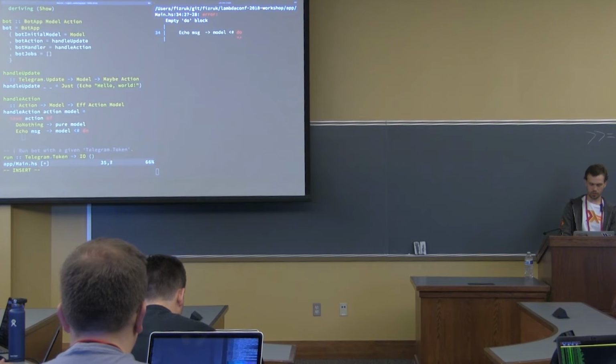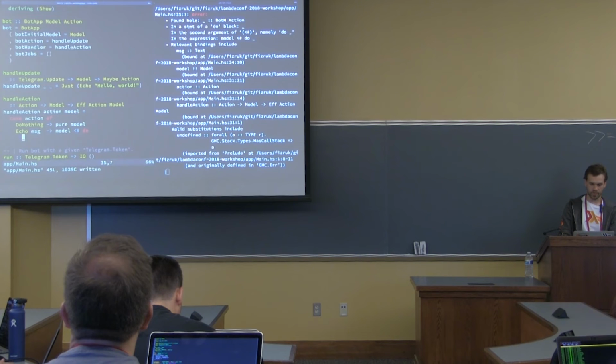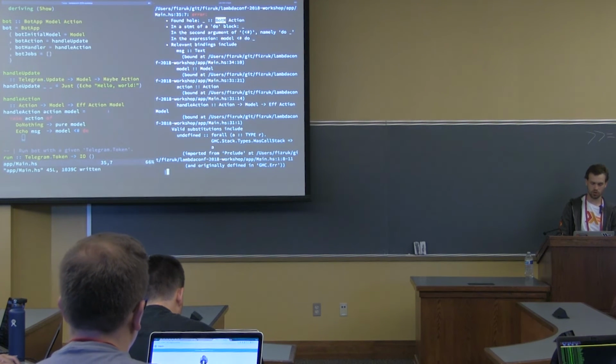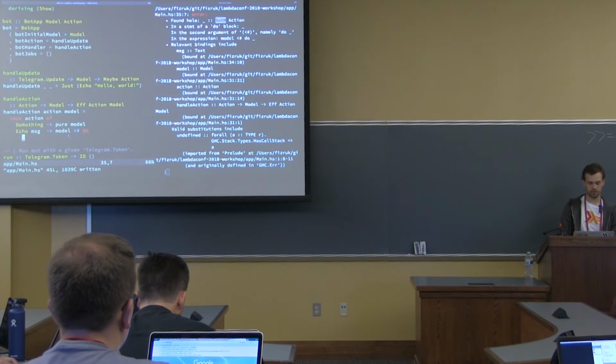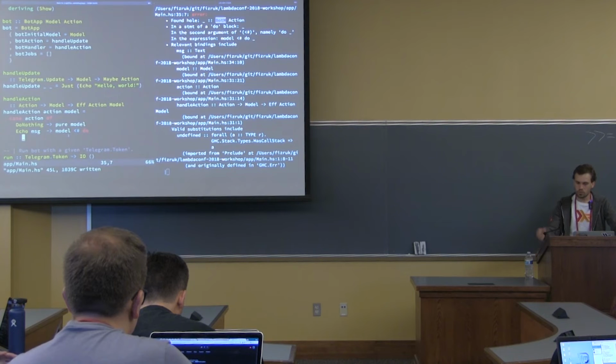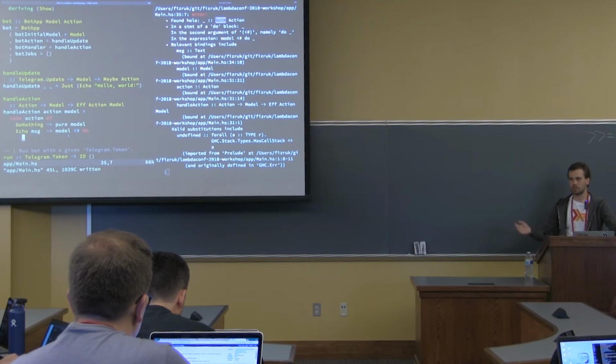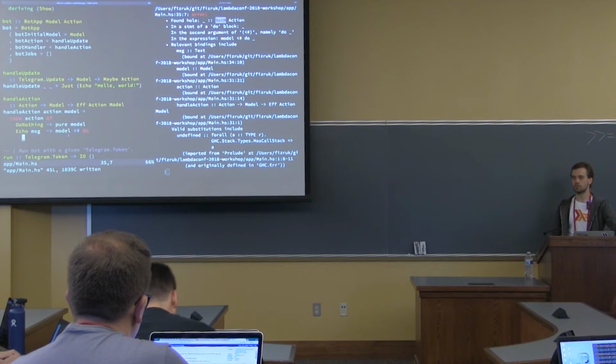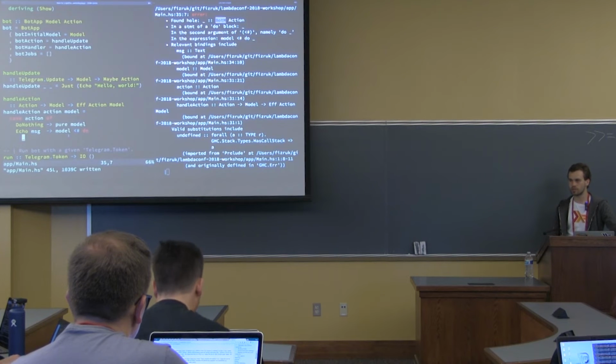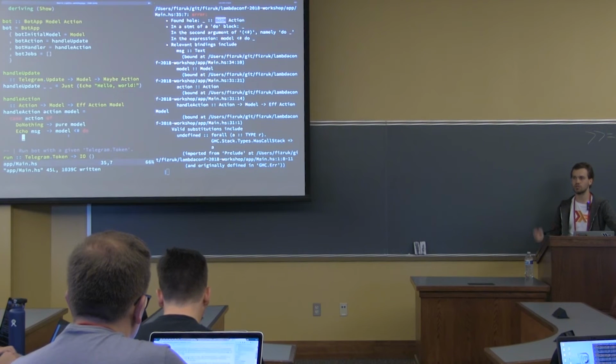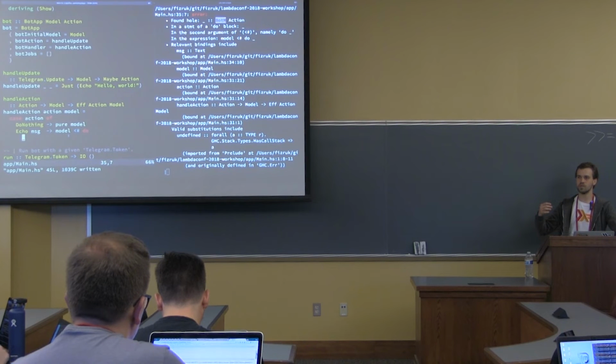Right, and then you want to do some actual effects. So effects run in the bot M environment or context or monad, if some of you would like to call it. So this environment allows you to perform I/O, allows you to perform arbitrary Telegram requests, and it allows you to see what update originated this action.